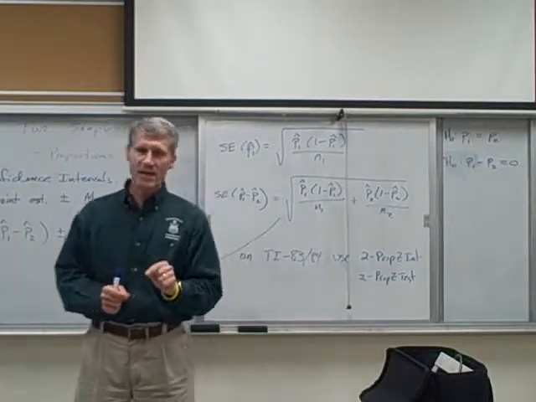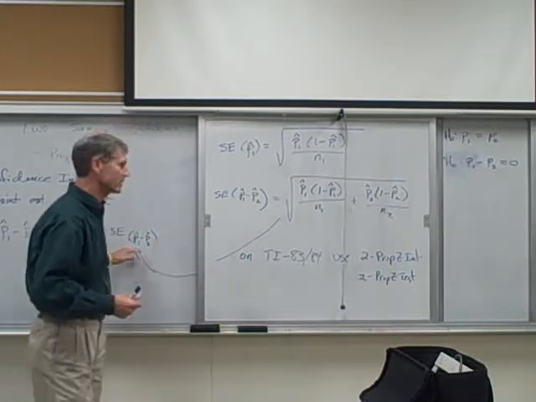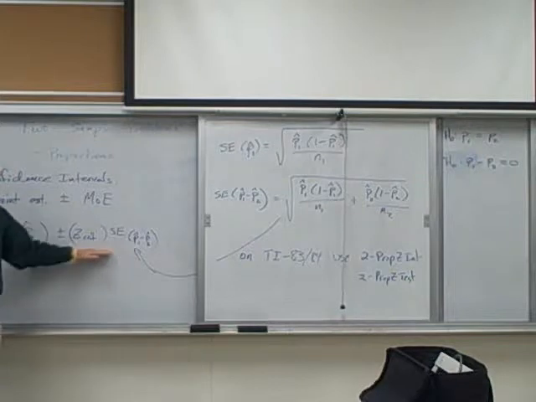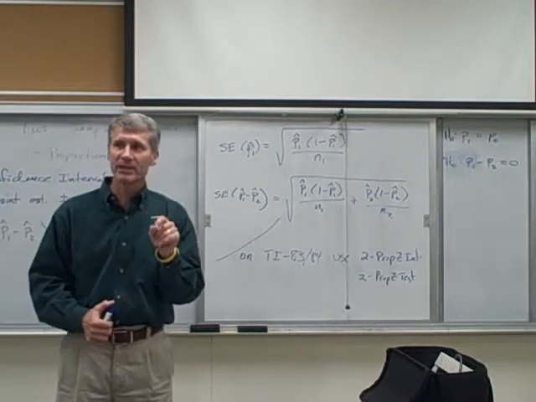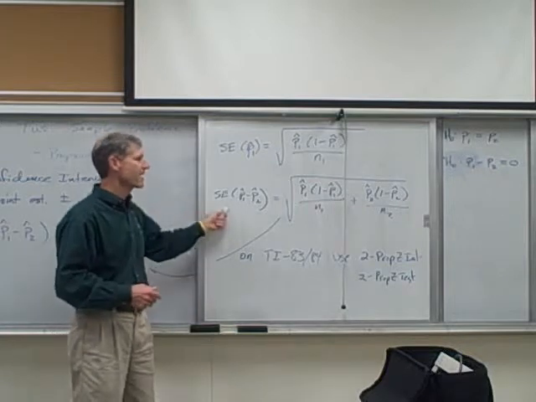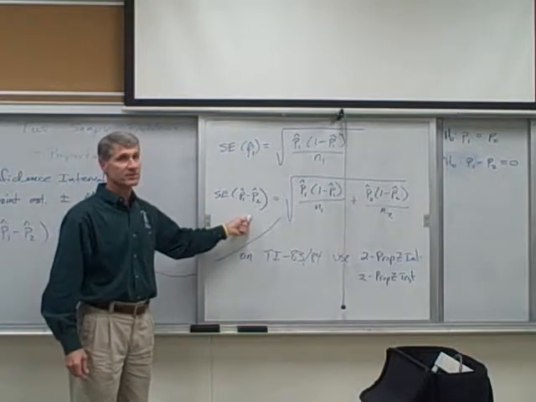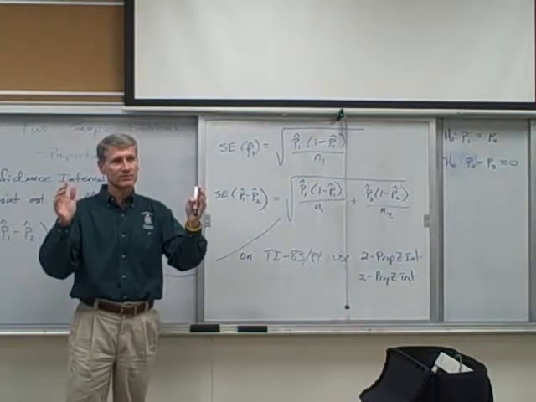Now, the danger with that is you learn to rely on this calculator and you have no idea what it's doing. That's why I like to do one by hand so you understand what the calculator is doing. Because on some of the online homework problems, and probably at least one of my test questions, I might ask, what's the standard error? And the calculator doesn't do that. It just gives you the interval. So you don't know what standard error it used.